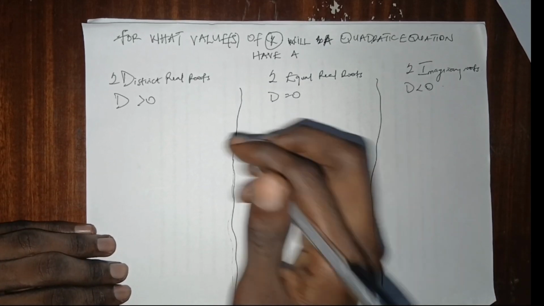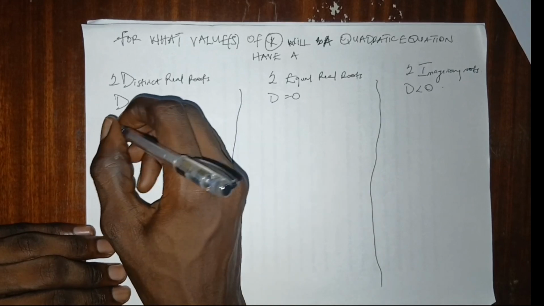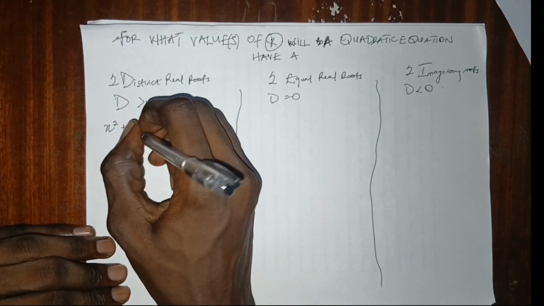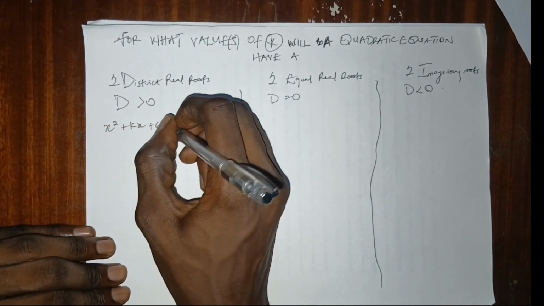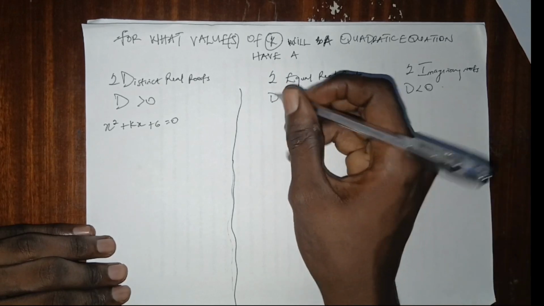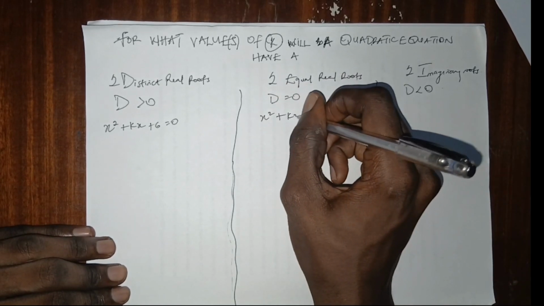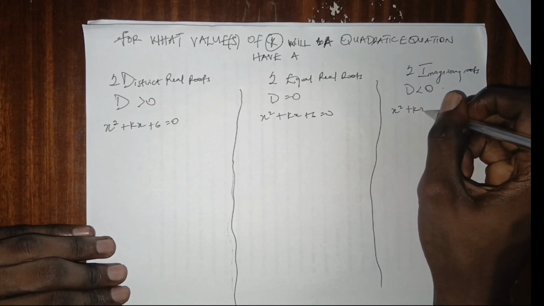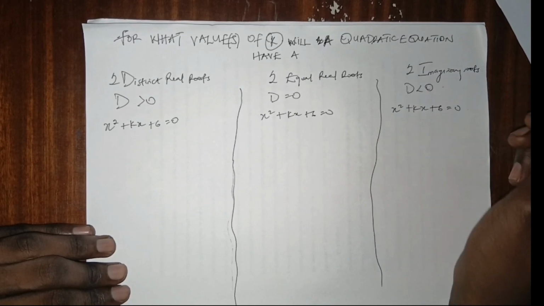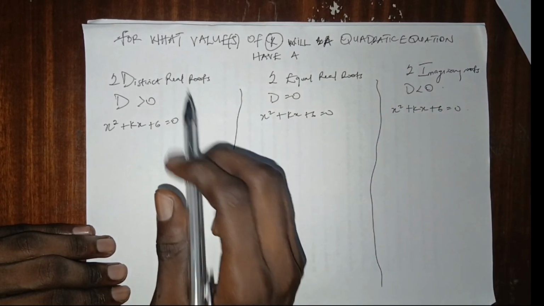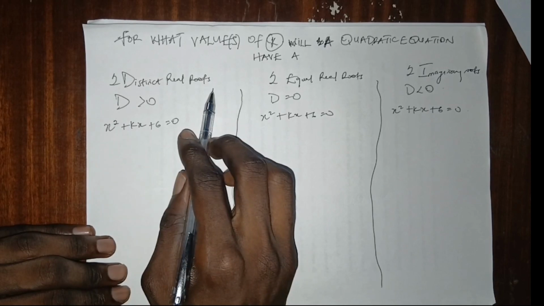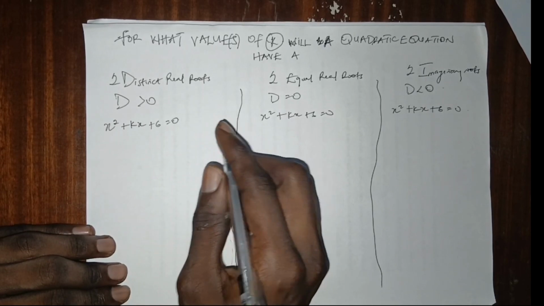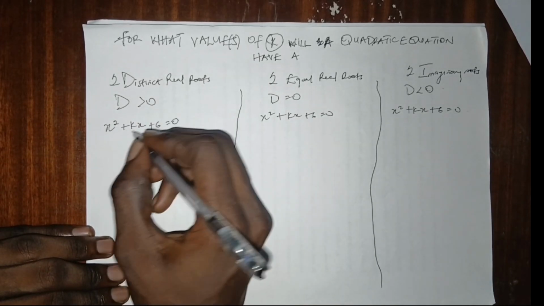For example, if you have the equation x squared plus kx plus 6 equals 0, and we've established that for you to have two distinct roots, D has to be greater than 0. And what's our D?